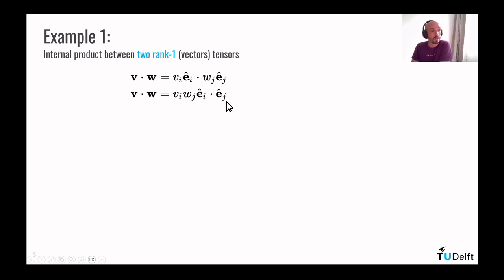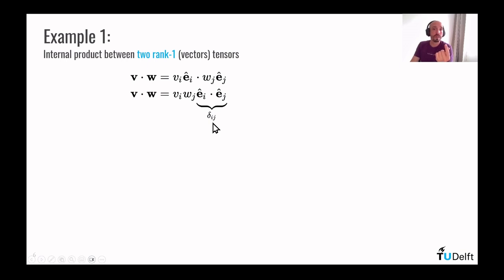We saw in the last lecture how to perform this operation. This is actually the Kronecker delta function, and this function tells us that this product will be 1 if i equals j, or it will be 0 if i is different than j.